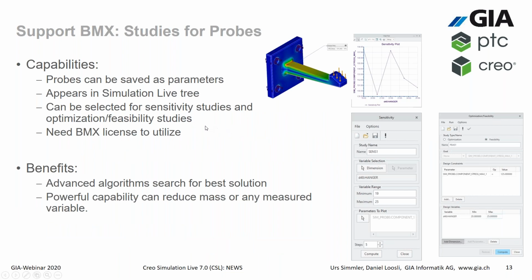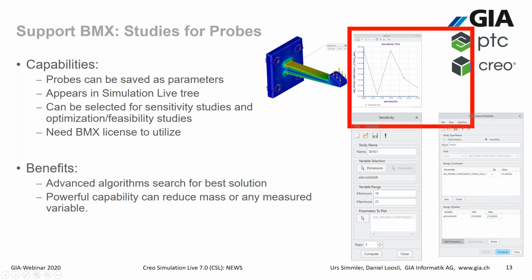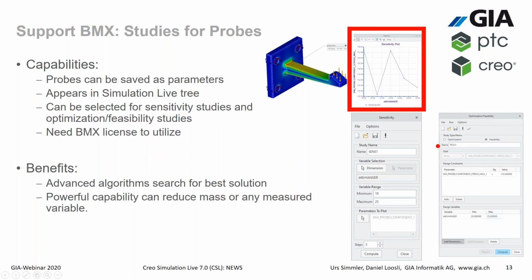By the way, you can also use the Behavioral Modeling Extension. This is an additional module of Creo Parametric, but this is a powerful module where you can easily do some sensitivity studies, optimization, or you can test, let's say, 2000 variants by changing maybe 6 parameters.